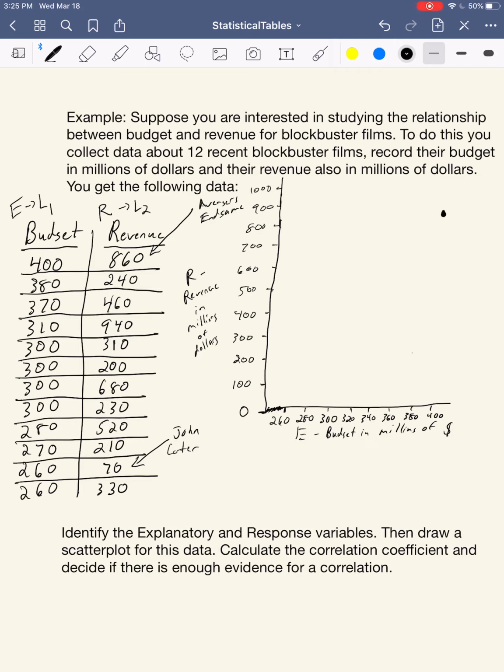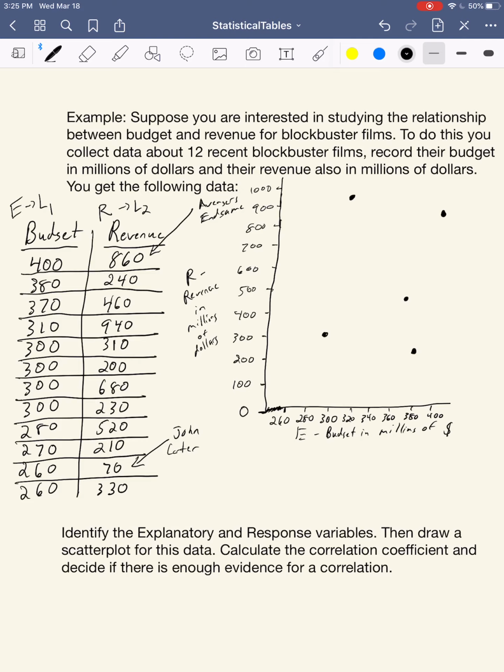So that looks like it should be somewhere right about in there. Then we had 370 and 460. So that should be maybe somewhere about in there. Then we had 310 and 940. So somewhere way up there. Then we had 300 and 310, so that looks like somewhere right about in there.